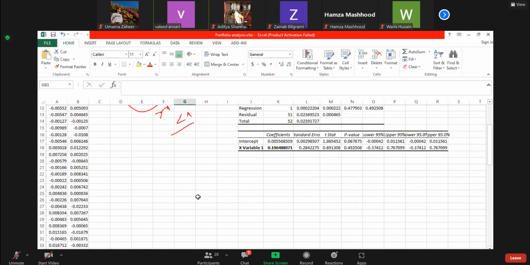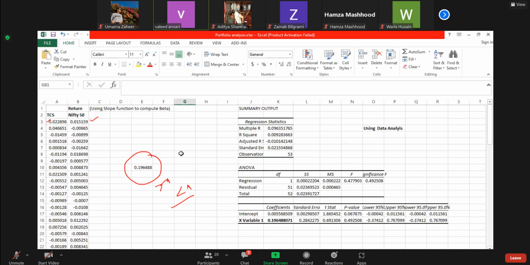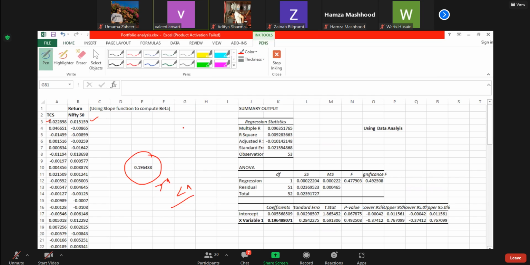And I had told you that the beta of the market will by default be 1. For instance, we have taken the covariance of a security, let us say TCS, with Nifty.